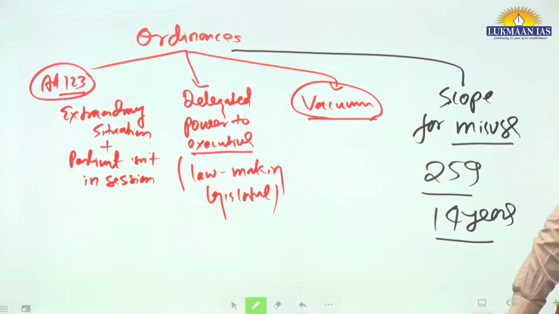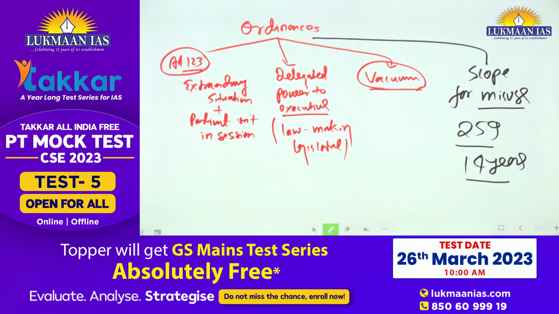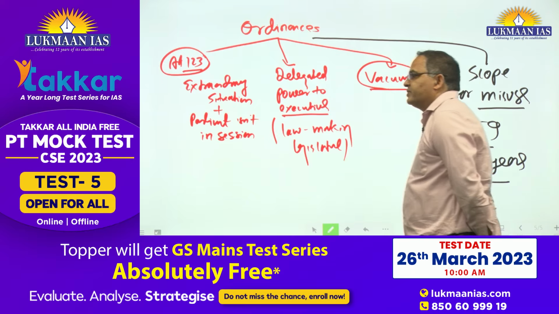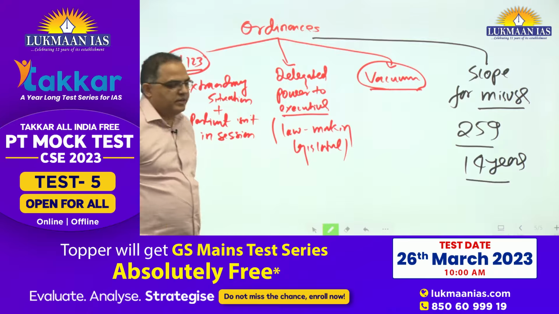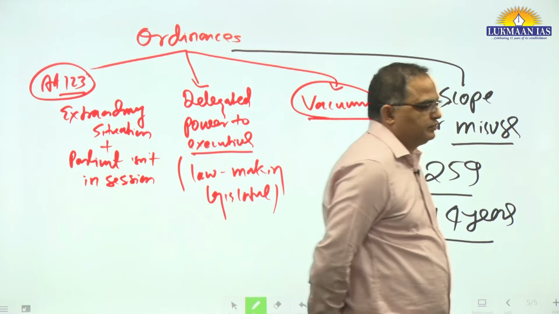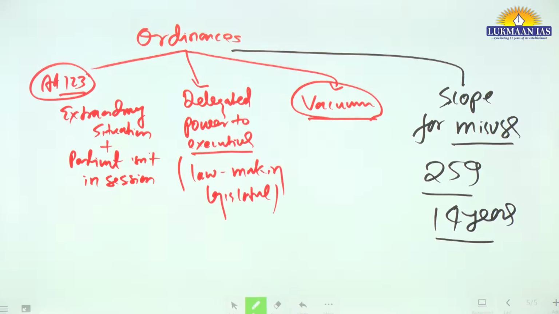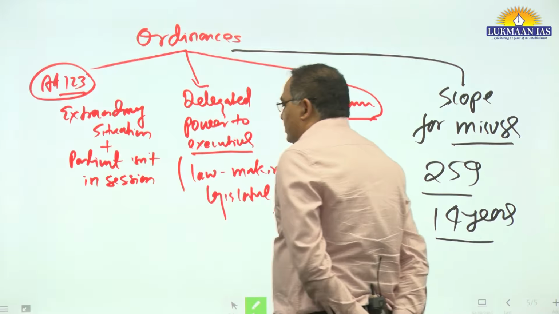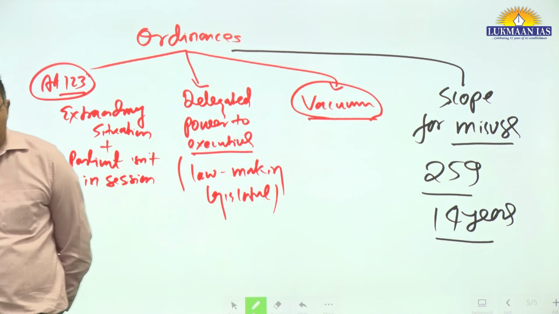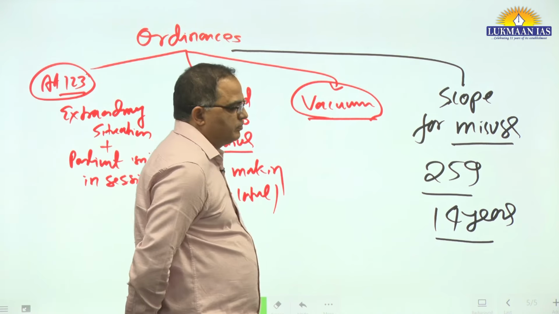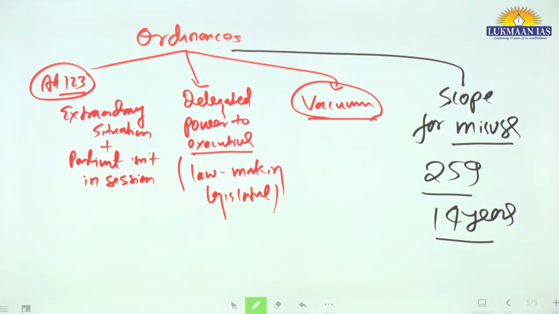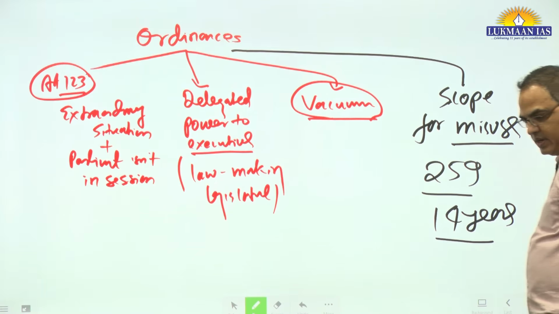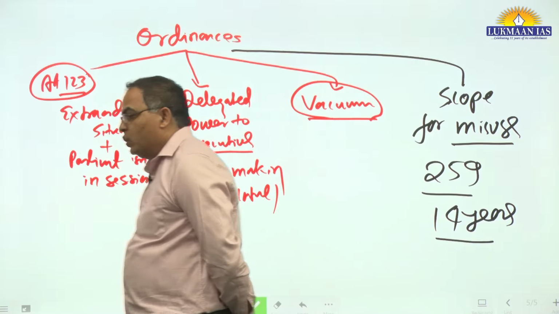Rationales behind ordinances. The framers of the constitution were aware that ordinance was not in practice in advanced democracies, like the US and UK.